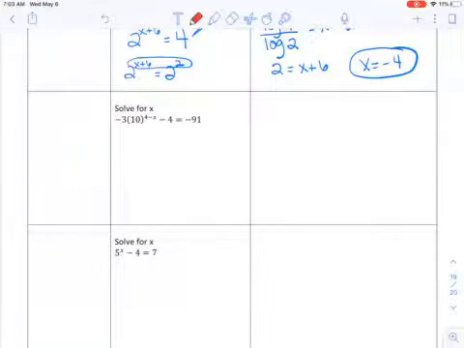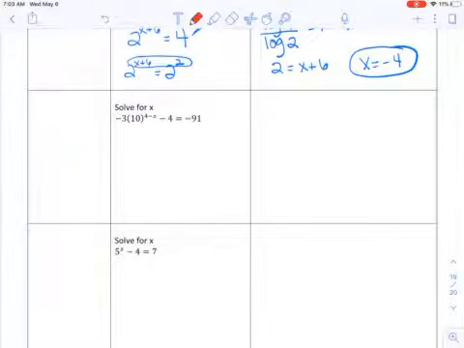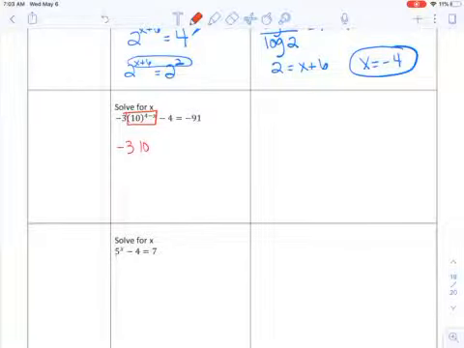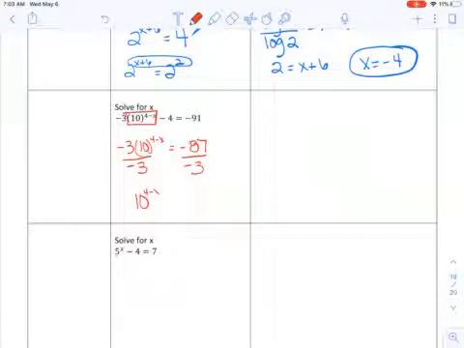Okay, here's another one. A little more to it, but same idea. What are we getting by itself? This part. So I'm going to add 4 to both sides. Then I'm going to divide both sides by negative 3. And so I have 10 to the 4 minus x equals 29.